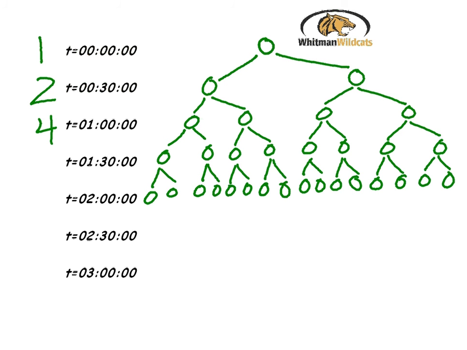After an hour and a half, those 4 amoeba split again and become 8. And they split again at the 2-hour mark and become 16. And they split again at 2.5 hours and become 32, and split again and become 64.